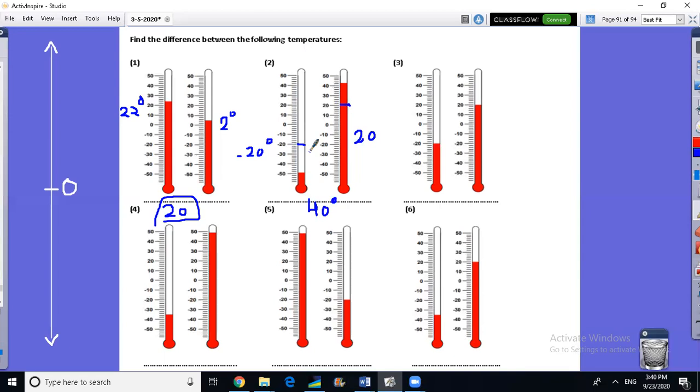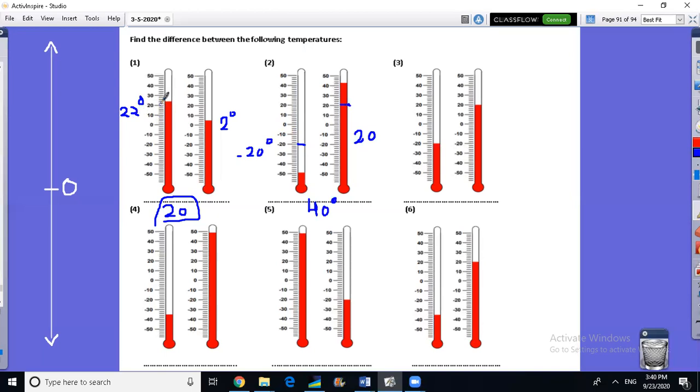Okay, guys? All right, in the third example, just notice that here each line is not 1. This small line is 2 degrees, because here it's 2, 4, 6, 8, 10. So each one is 2 degrees, not 1 degree. That's why here it's 22 degrees.